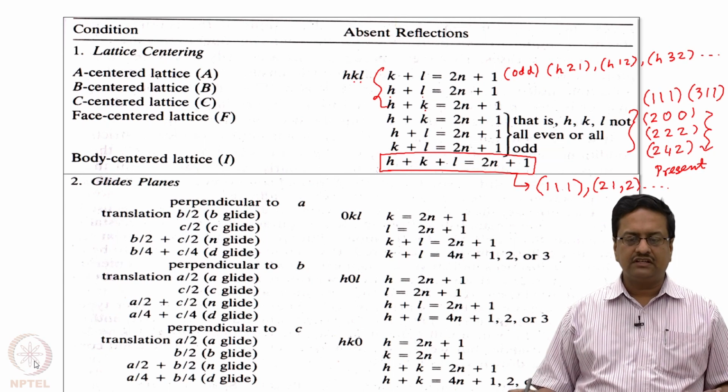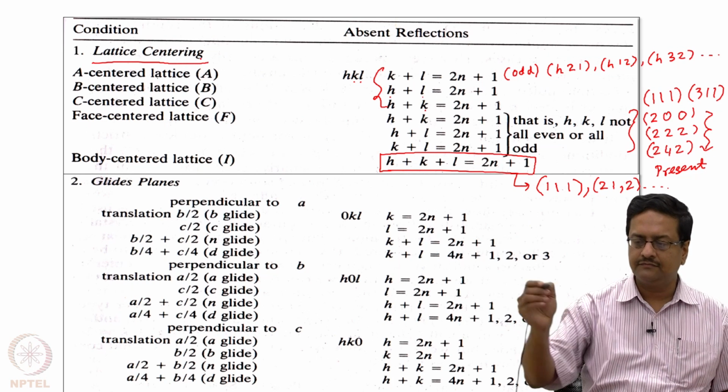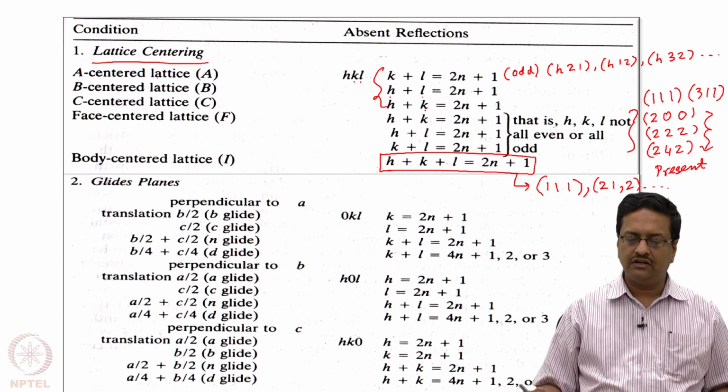We showed you an animation where some of the reflections were bright and some were dull, and the dull reciprocal lattice points were not making any diffraction when they were crossing the Ewald sphere. So, we have discussed the systematic absence arising out of various lattice centerings, and we would like to continue from here.